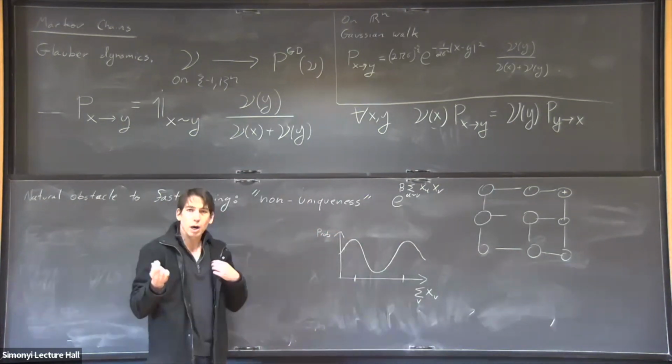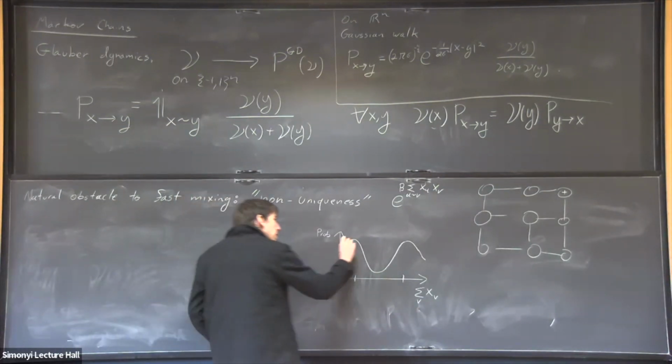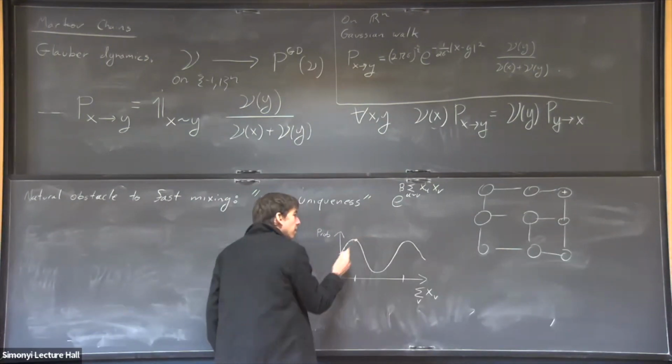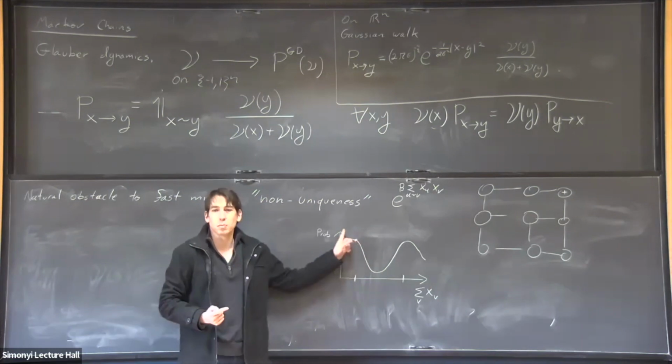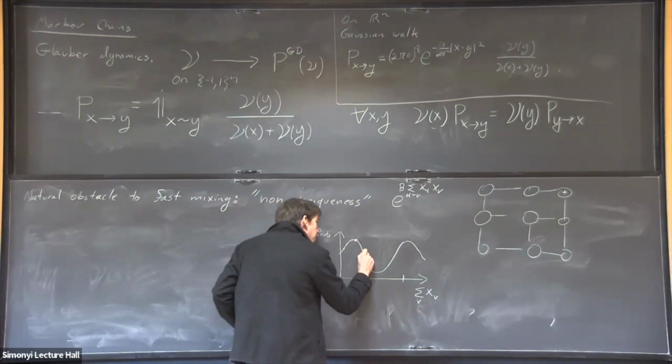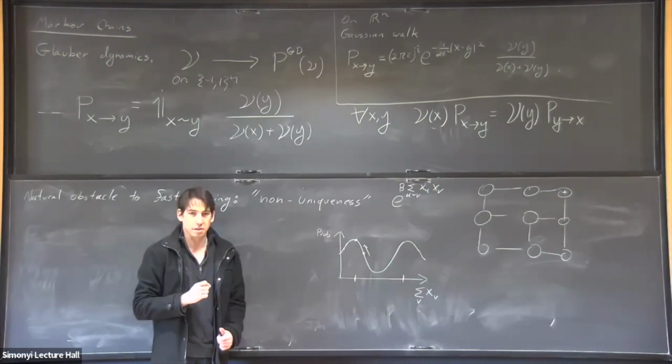When I do one step of the Glauber dynamics, this is a local update. Suppose I'm here; we should imagine this thing moving in a little random walk, and when it's here, there is a very large drift taking it over here.